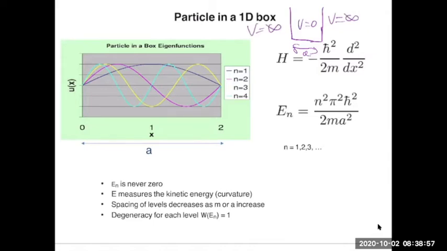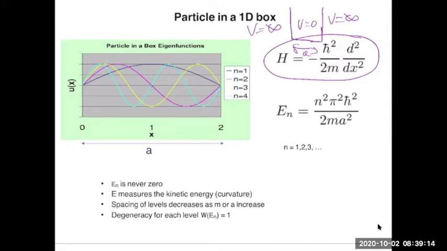The particle is mostly confined to being inside the box, so all you have is the kinetic energy operator, because the potential is 0. So this is a problem you can solve exactly.